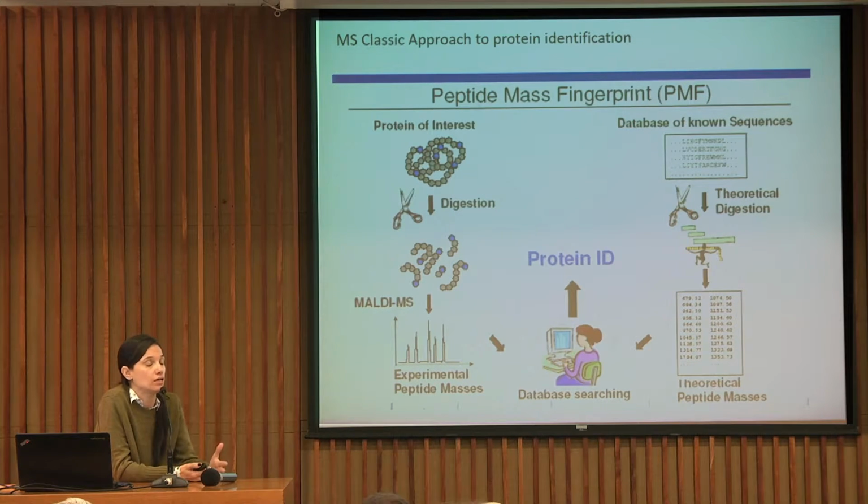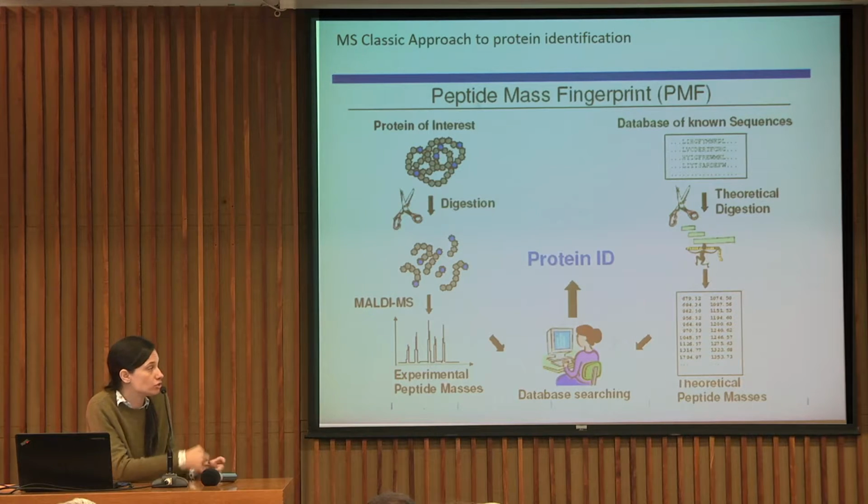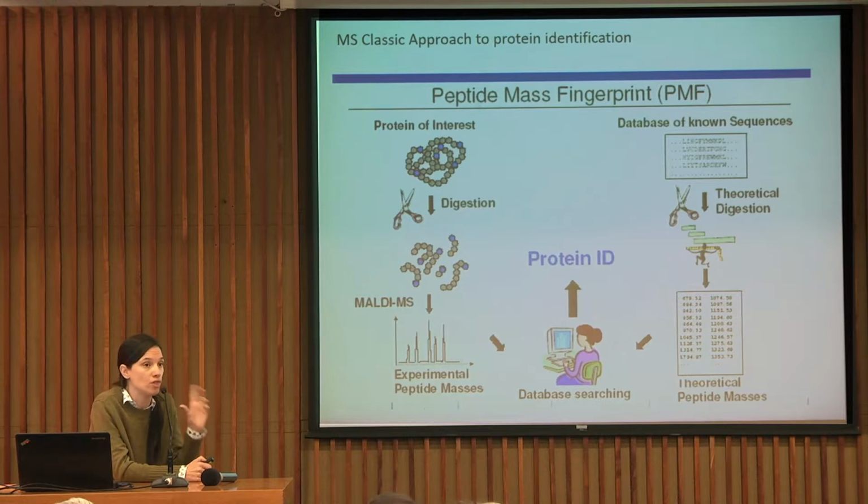Trypsin will cut at the C-terminus of arginine and lysine, and it's used because it's very efficient, because it generates peptides which have a basic C-terminal end, and because the length of the peptides it generates is usually very appropriate for the mass ranges in which the instruments work.